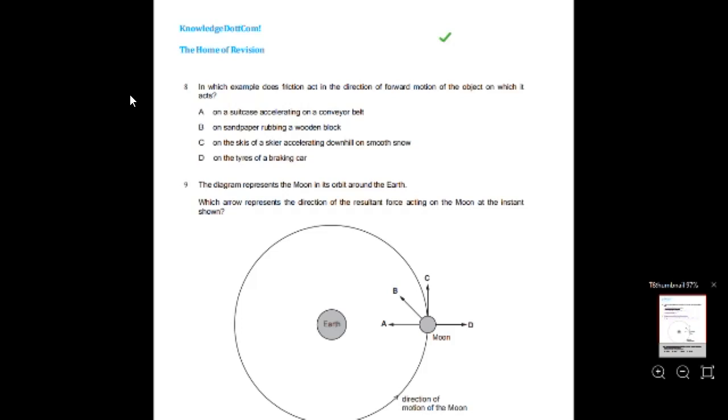In case of 9, the diagram represents the moon in its orbit around the earth. Which arrow represents the direction of resultant force acting on the moon at the instant shown?